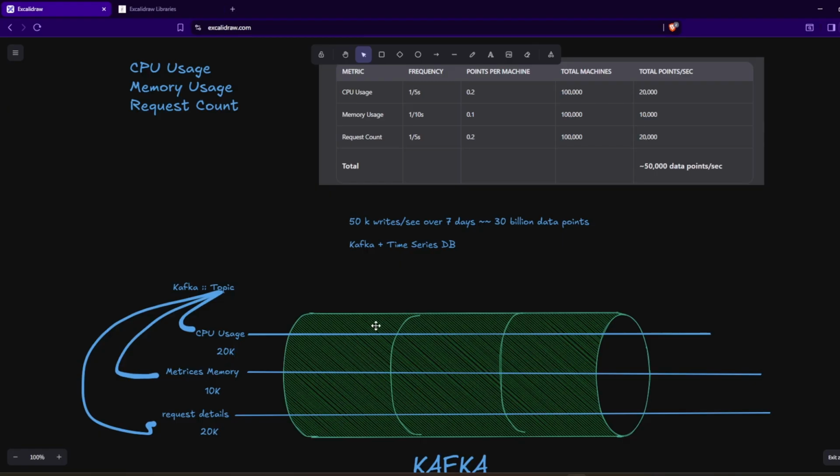Now in the first part I got a comment asking why we need separate topics. Okay, so let's say the CPU usage suddenly spikes globally. Here I was having 20k and suddenly it goes to 150k, for some strange reason.